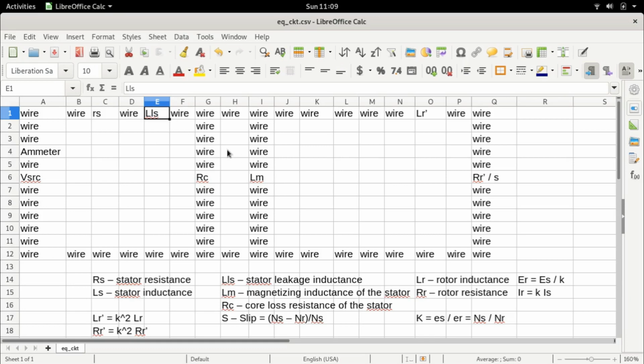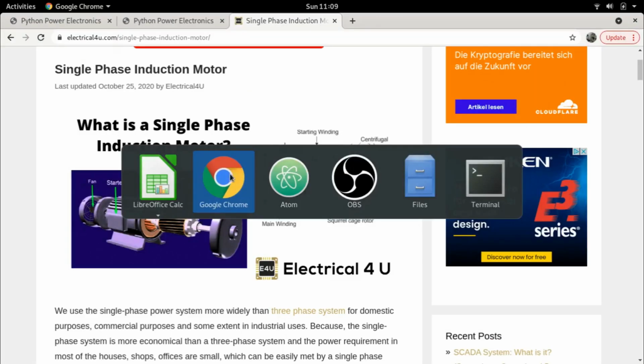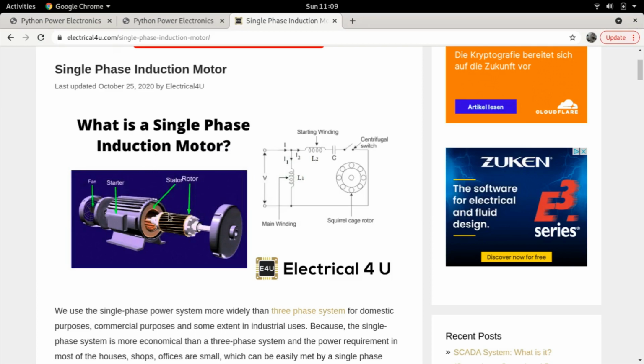Now here we have taken into account the core loss resistance and the mutual magnetizing inductance. This magnetizing inductance is the inductance that is responsible for producing the flux in the air gap.